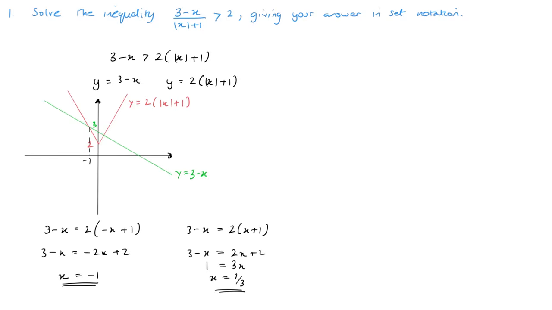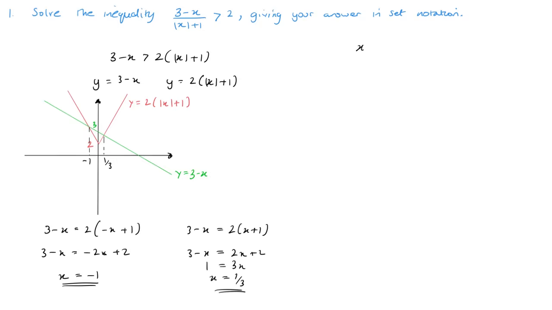is 1/3. Now, going back up to our rearranged inequality, we want when this one, which is the green line, is above the red line. So it's above the red line between the -1 and the third.